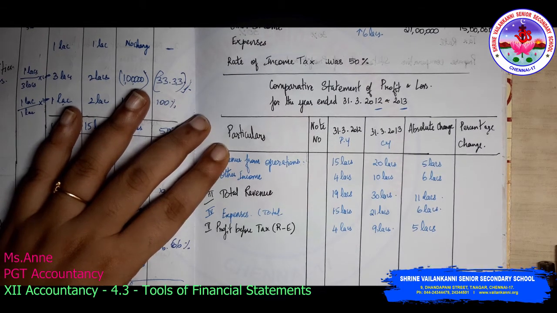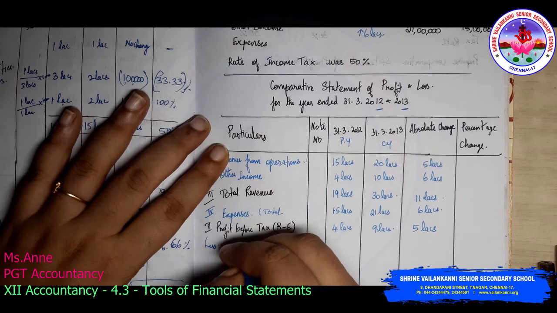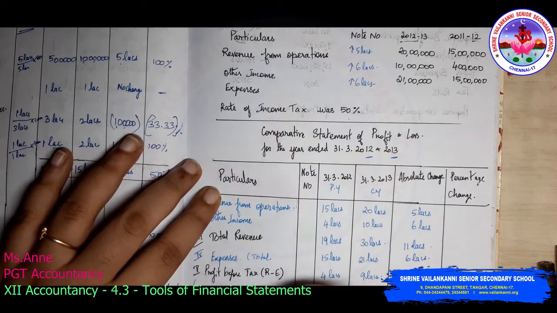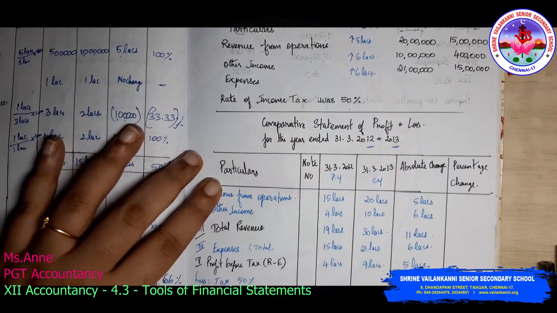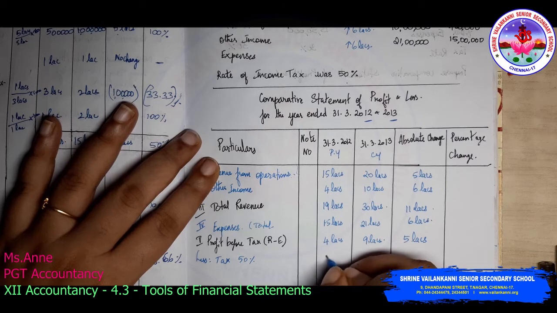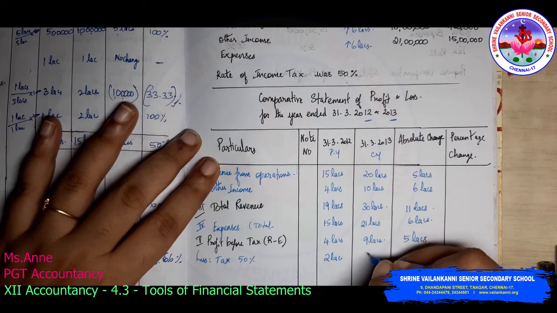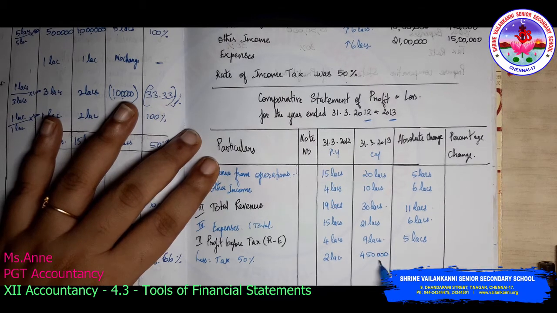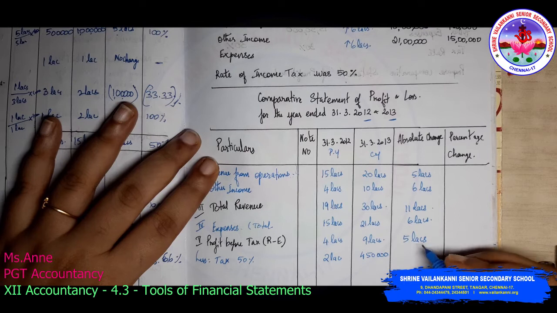I'm going to less tax. The tax percentage is given as 50%, and I'm going to incorporate this. Tax is always on the profits. 50% on 4 lakhs is 2 lakhs. 50% on 9 lakhs is 4 lakh 50,000. Is there a change in the tax? Yes, there is a change of 2 lakh 50,000, an increase in tax payment.